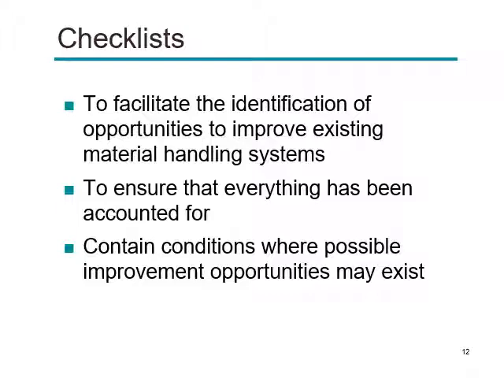So by using such checklists, we can facilitate the improvement of the current material handling system, or we can make a better design from scratch, again using such checklists. So let's see an example of such a checklist.